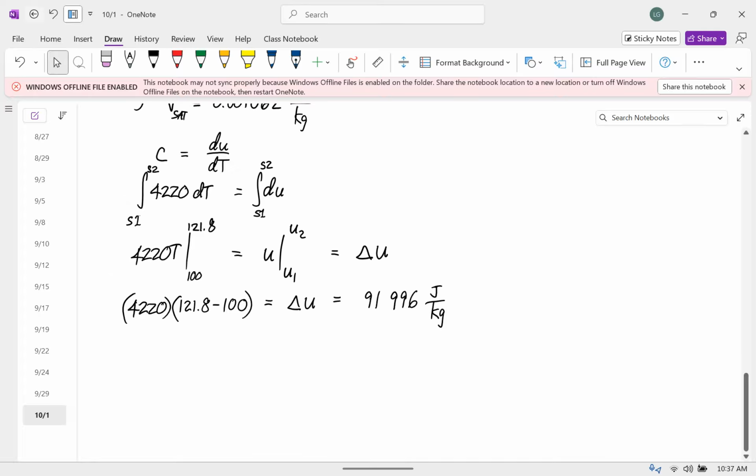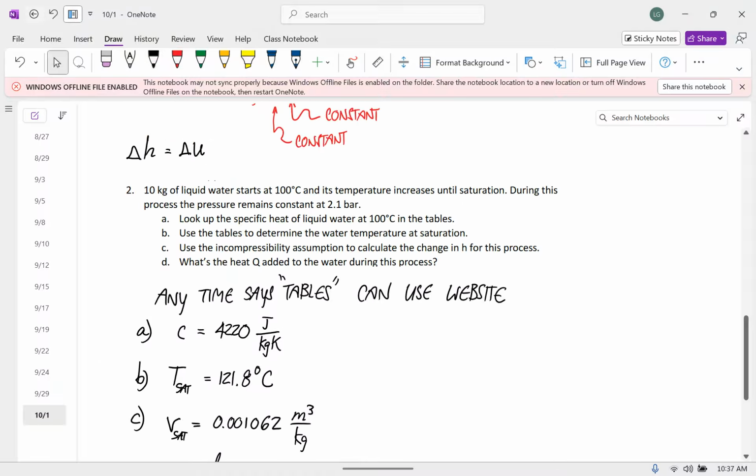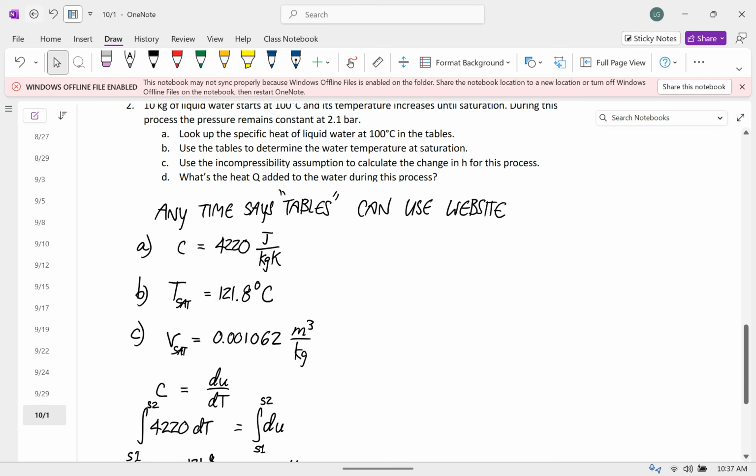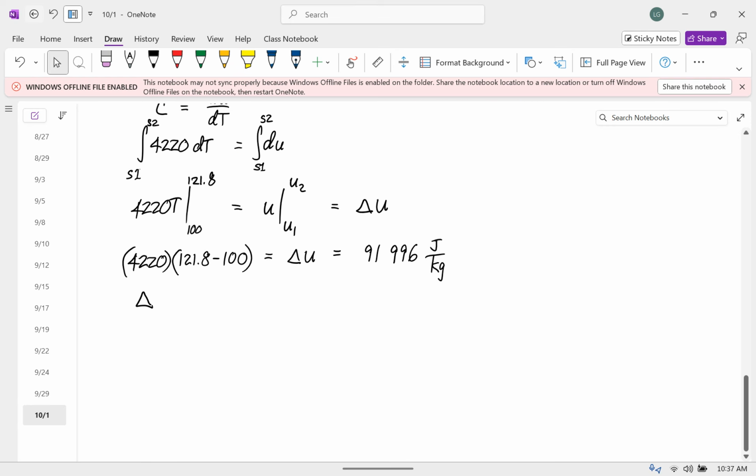And now I can use the relationship, so the pressure remains constant. We just answered this as part C of the first question. The change in specific enthalpy is equal to the change in specific internal energy plus the change in pressure times volume.